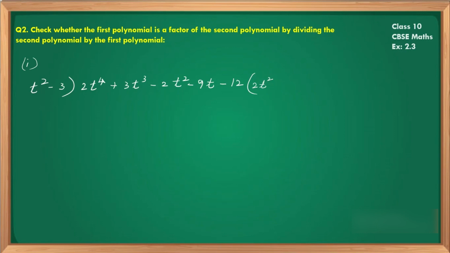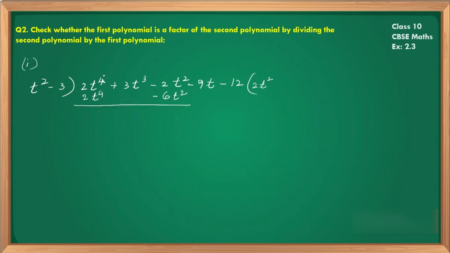T square into 2t square will be 2t to the power 4. The next is, the same 2t square you have to multiply with minus 3. You get 6t square. You have to write below t square here. Minus 3 into 2 is minus 6t square.